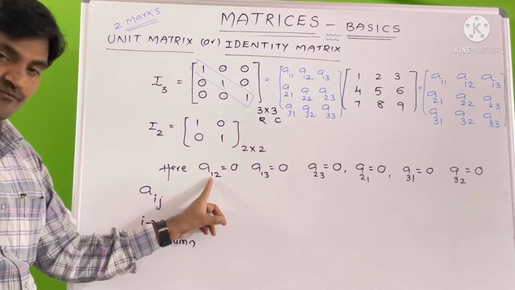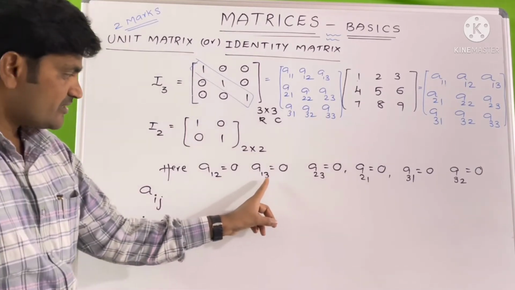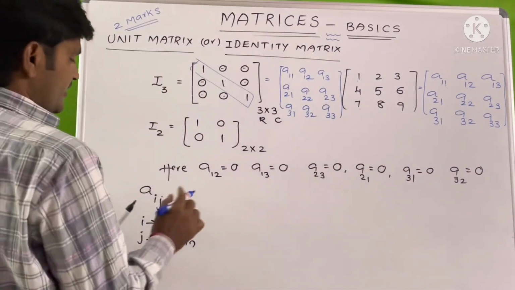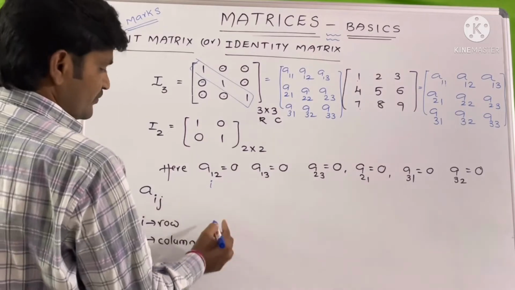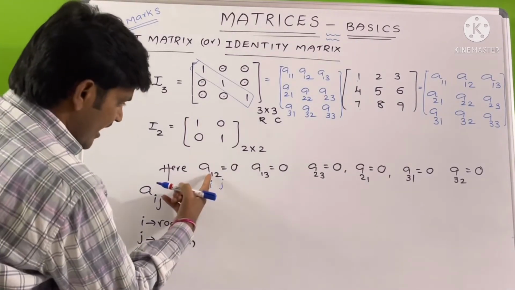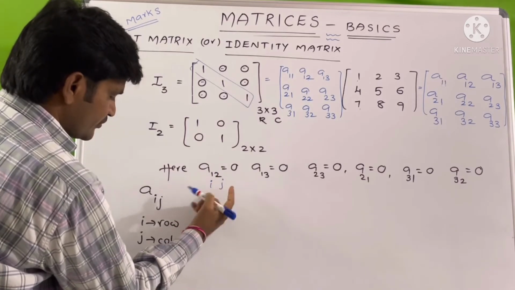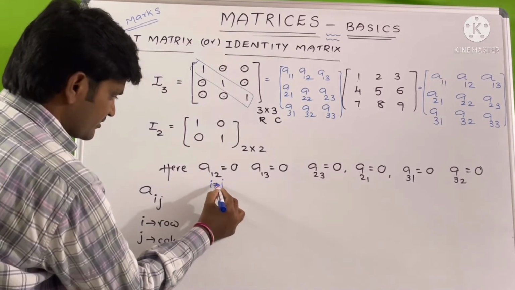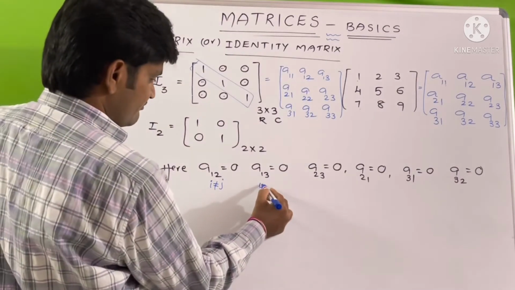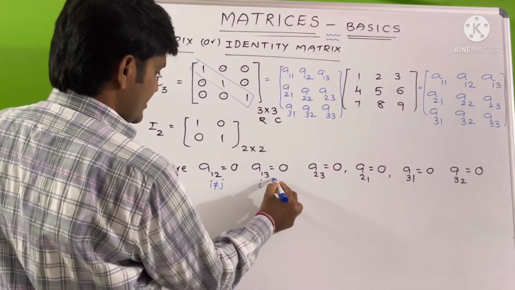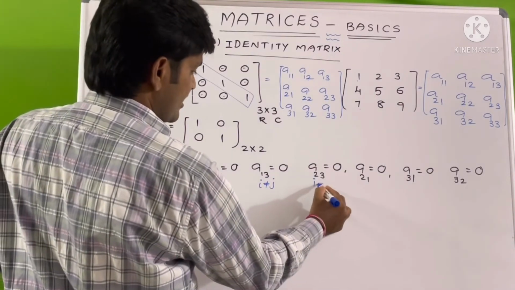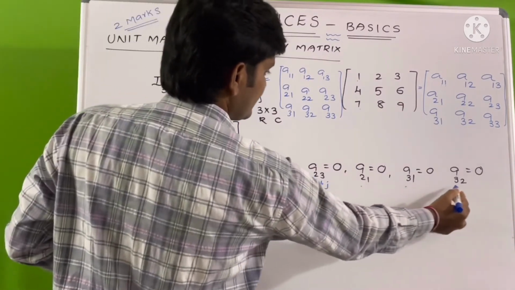So this is i, this is j, i, j, i, j, and so on. Here i value is 1, j value is 2, clearly i is 1 and j is 2, so these two numbers are not equal. Also here 1 is i, 3 is j, so not equal. Here also i is not equal to j, and so on.